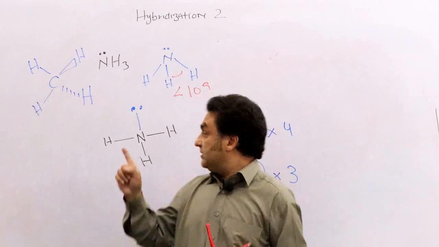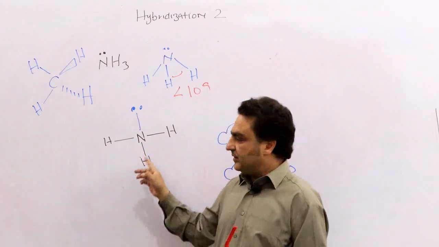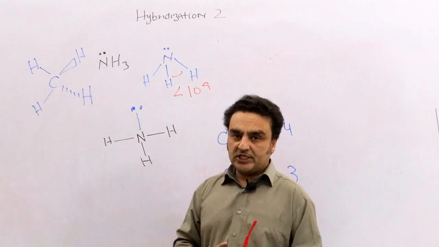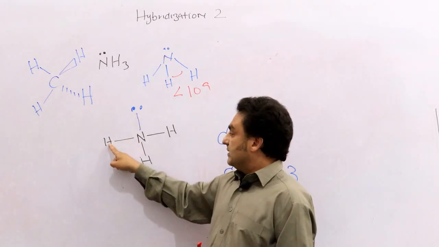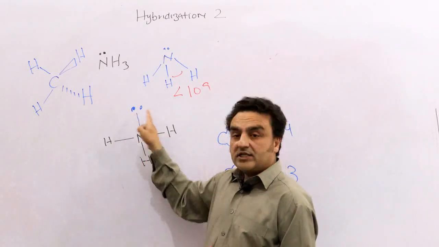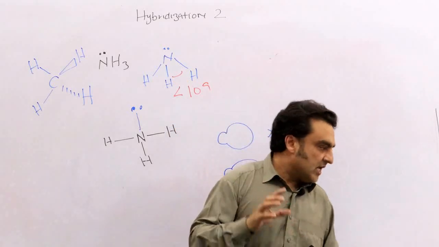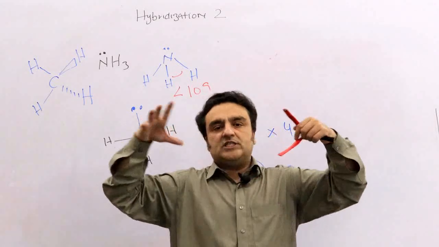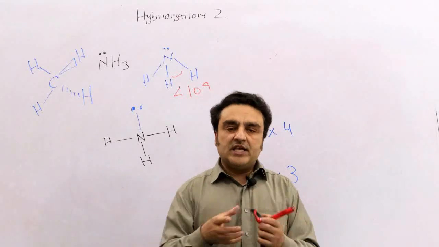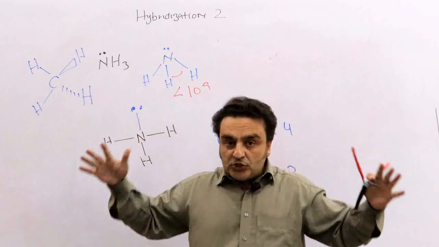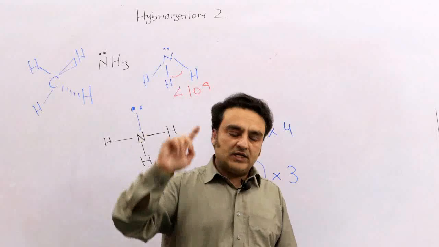But what if 4 things are attached, but here it has some non-bonding electrons? They say the non-bonding electron occupies more space, and if it occupies more space, it pushes the other things more.